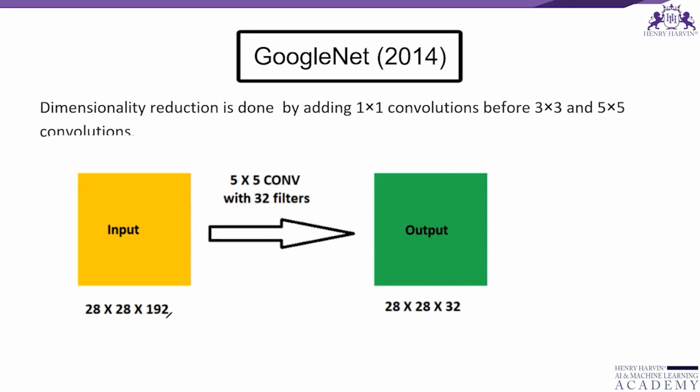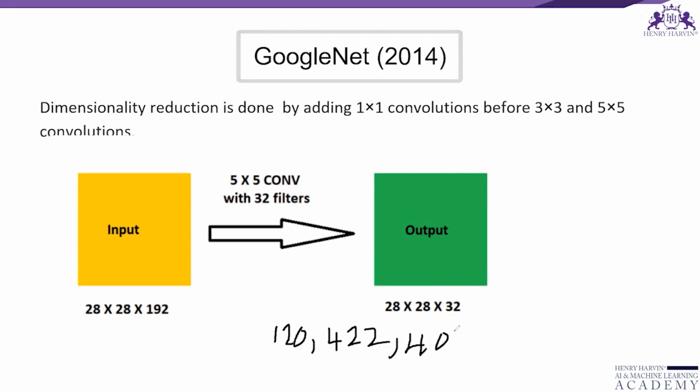This 192, then 32, right? And then we have 5 square and 28 square, right? When you calculate all this, it will lead to 120 million operations. See, look at the number. These many operations are required.